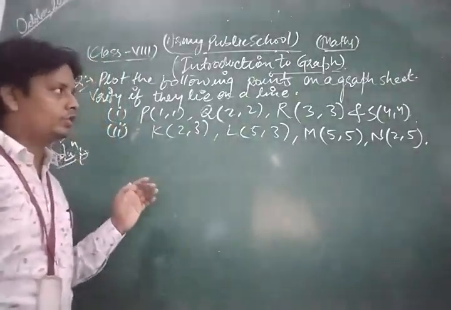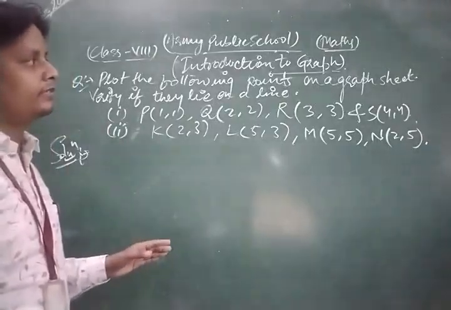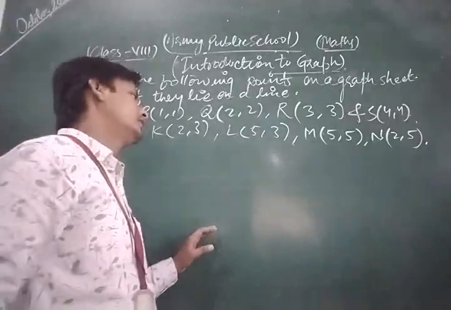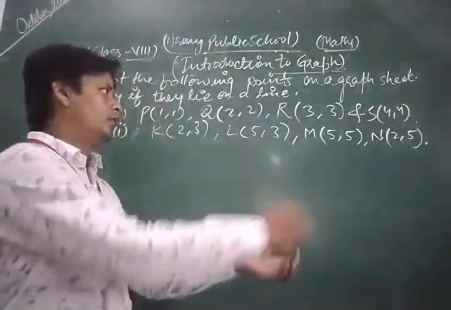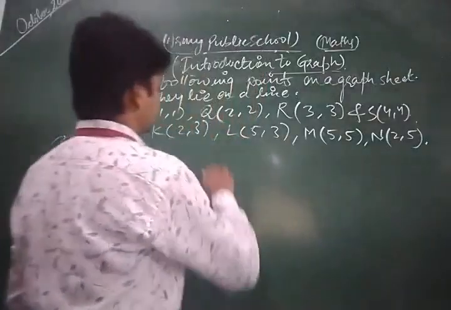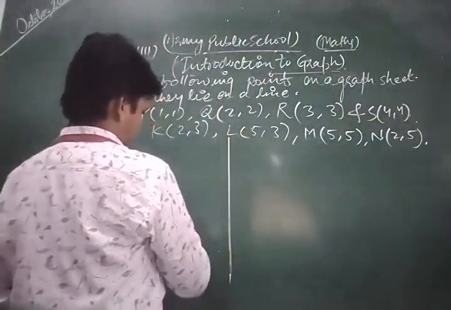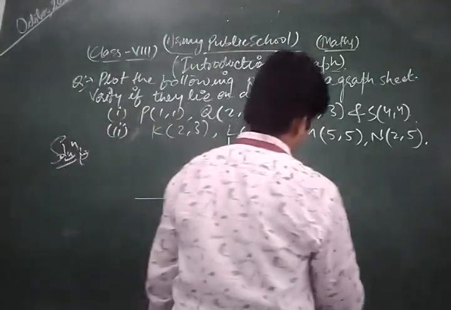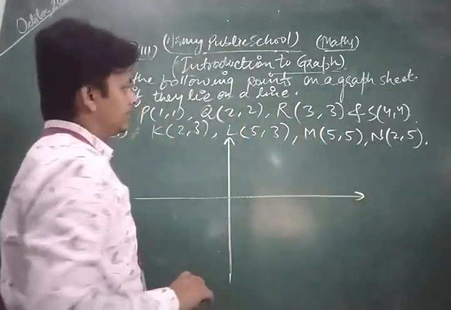For plotting the graph of the given points on the graph sheet, first of all we draw two mutually perpendicular lines.